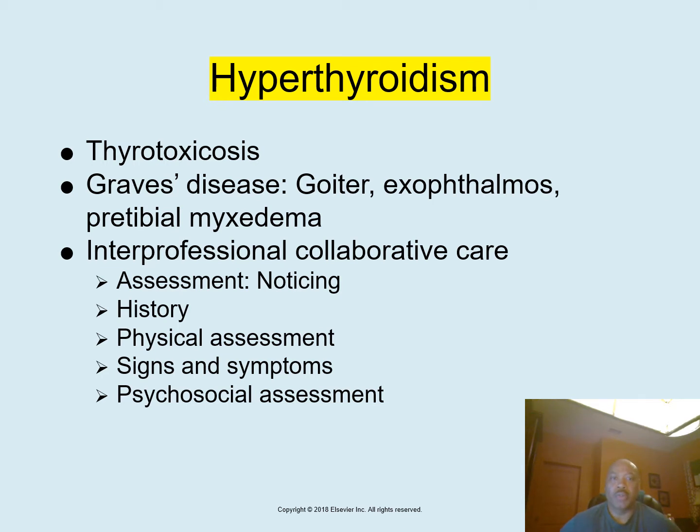So in other words, the hypothalamus and the anterior pituitary gland are saying, why provide stimulation to produce thyroid hormones when enough is already present in the bloodstream? So we refer to this as a negative feedback loop.